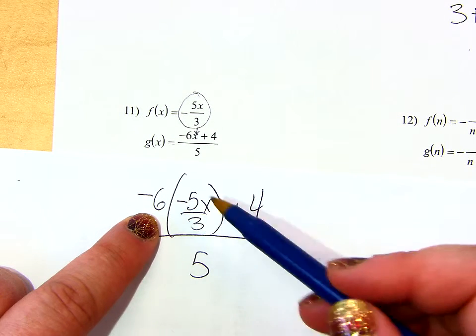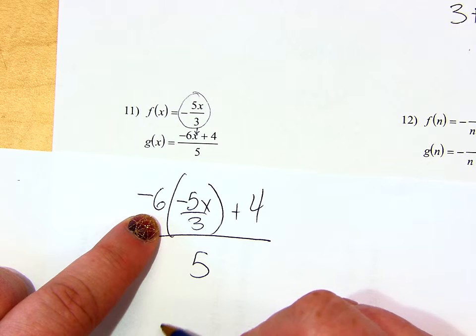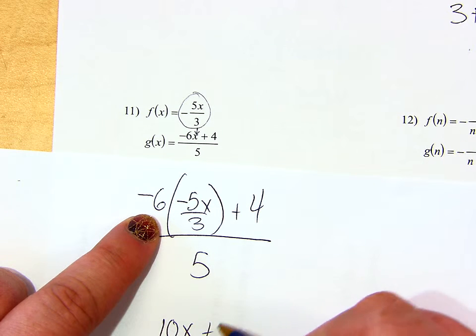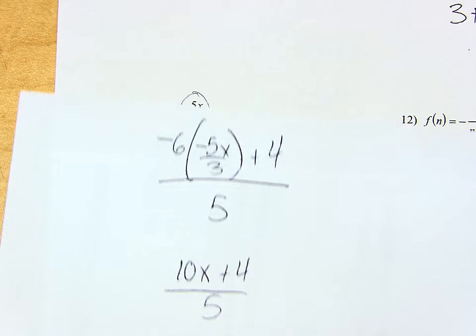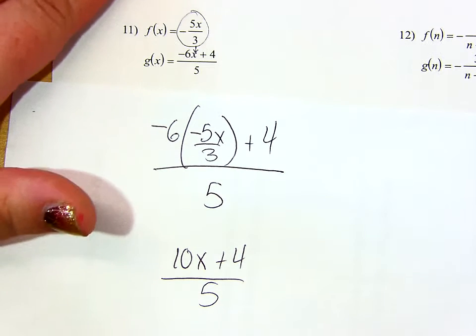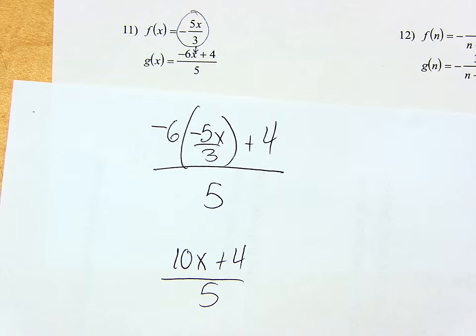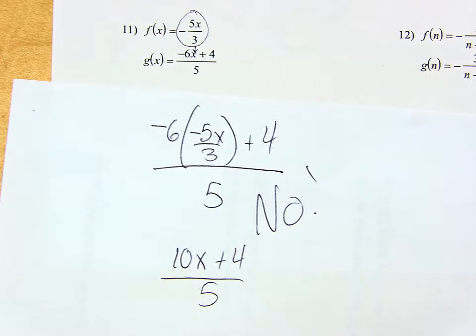So negative times a negative will be a positive. That's just a 2. That's just a 10x, right? 10x plus 4 over 5. Is that ever going to simplify down to just be x? No. So this one I get to stop pretty early because it's clear I'll never get down there. So no, they are not inverses.